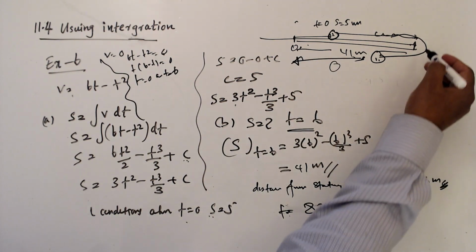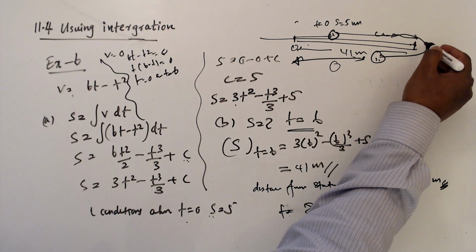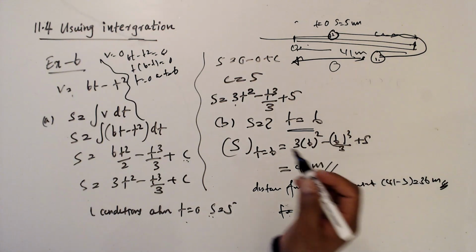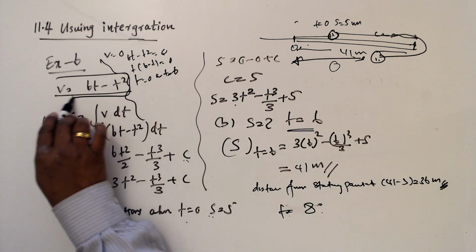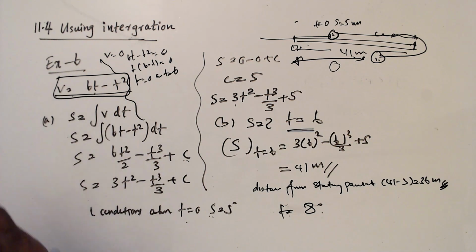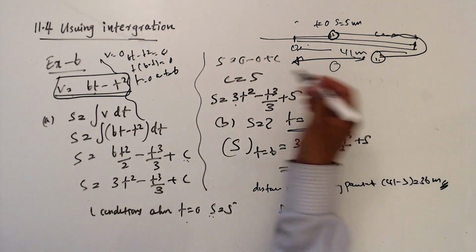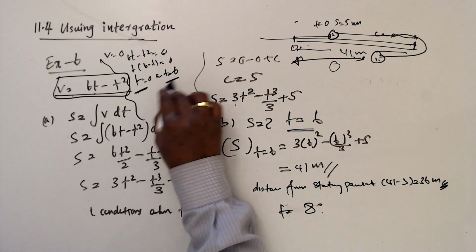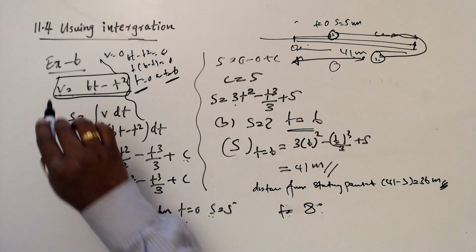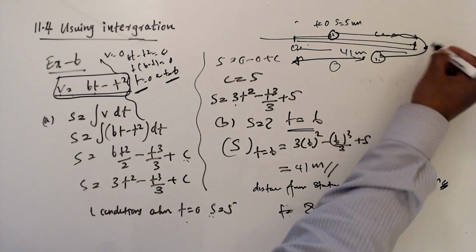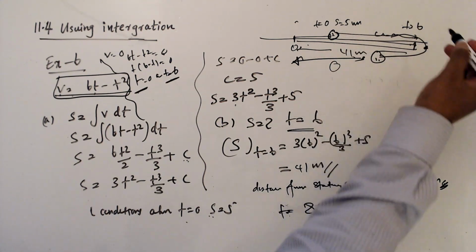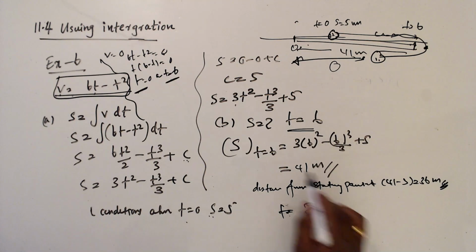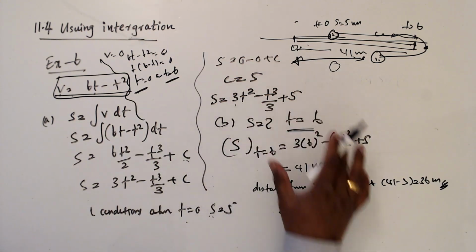So it is very important that you check the instantaneous rest, the time where the instantaneous rest occurs. Here we found that when t equals 0 and t equals 6, the velocity is 0. When t equals 6, velocity is 0. That's fine, for this example the calculation is fine.